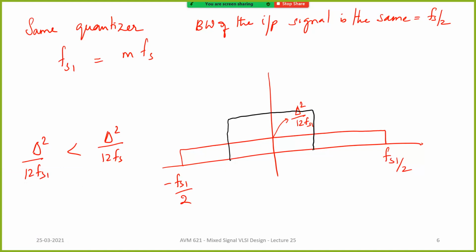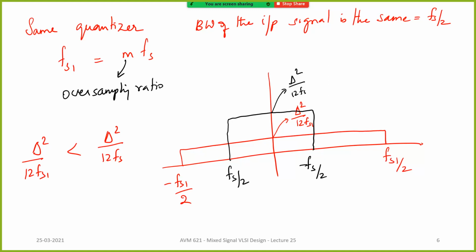Let's say this is f, minus Fs by 2 to plus Fs by 2, and this value is del squared by 12 Fs. All right. So suppose I do this oversampling. Okay, this m is nothing but my oversampling ratio.